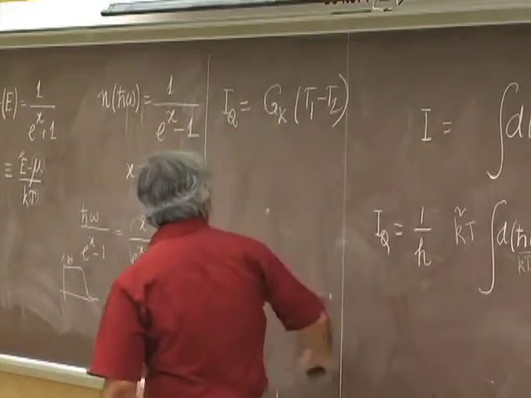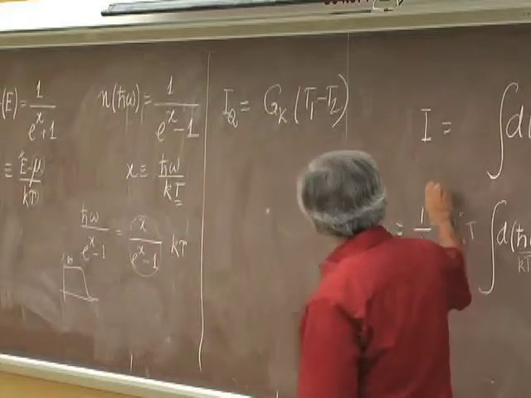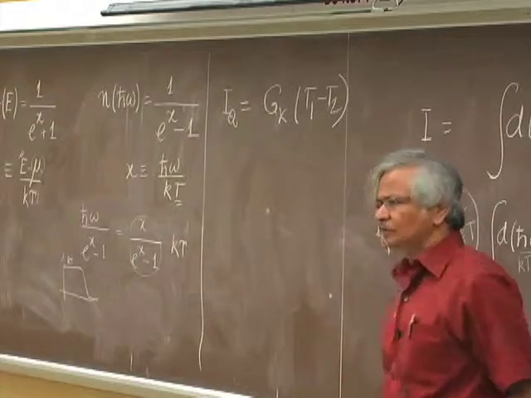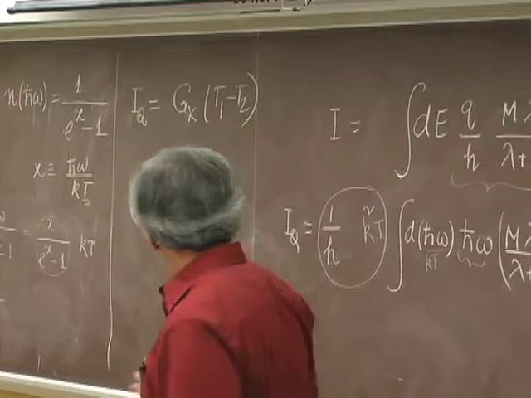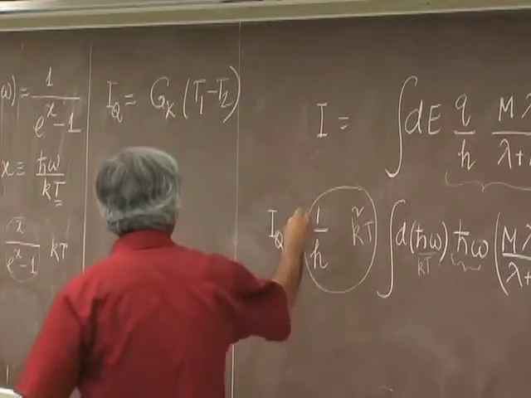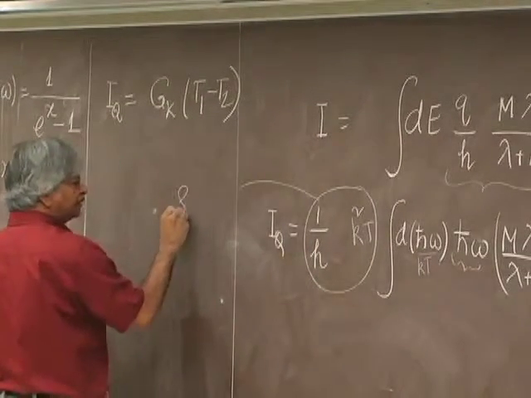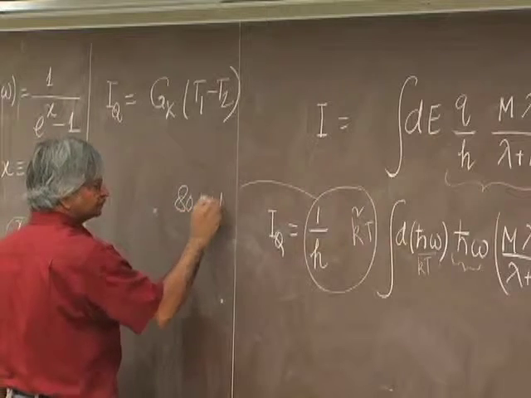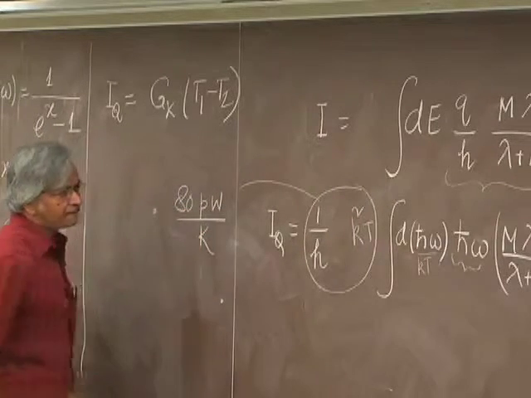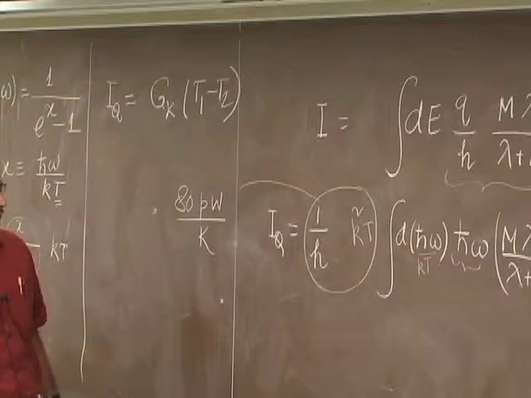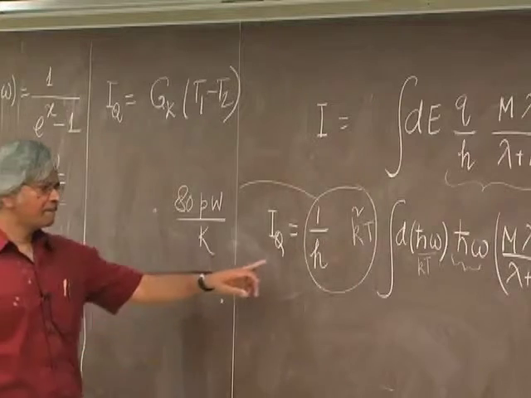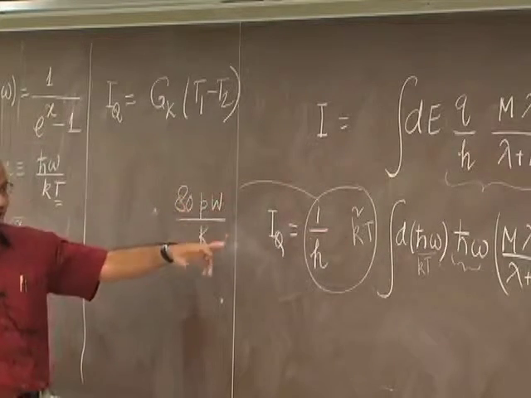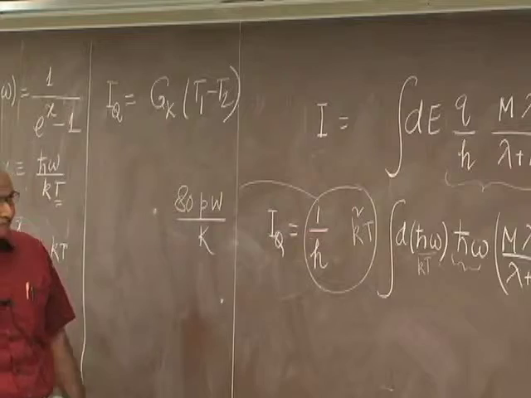Now this k squared T over h actually has the dimensions of, I think, watts per Kelvin. So I think it comes to about, I forget, 80 picowatts per Kelvin or so, right? You can put in the numbers, I think this is what you'll get.